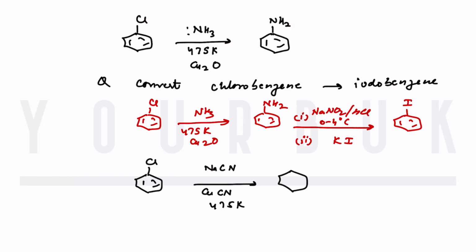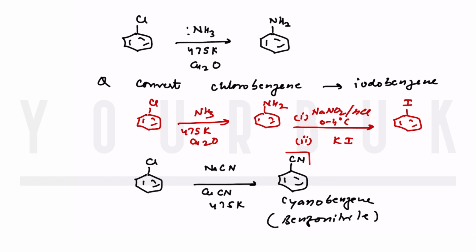It gives cyanobenzene, which has another name, benzonitrile. And via this method, I can increase the carbon on the benzene ring. And once this CN is obtained, it gives all the reactions of the cyano group as we discussed in haloalkane in the form of a flow chart.